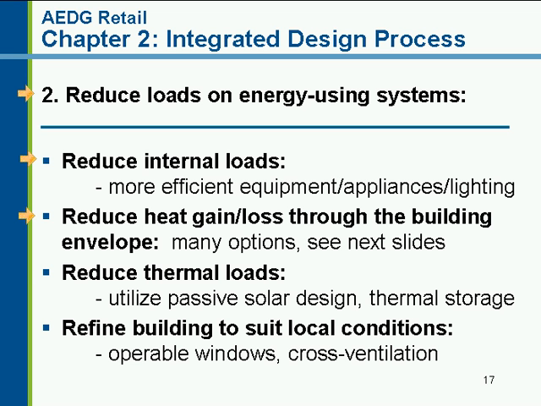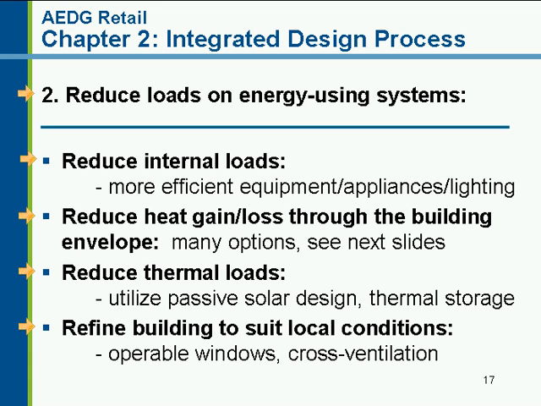But before we get to that, also think about reducing the thermal loads. So again, as mentioned a minute ago, if you work with passive solar design or with thermal storage, you can take advantage of opportunities there. So even if you have some loads, you're offsetting those. And lastly, take a look at how your building fits within the specific design conditions on the site.